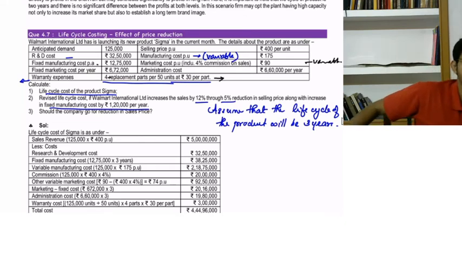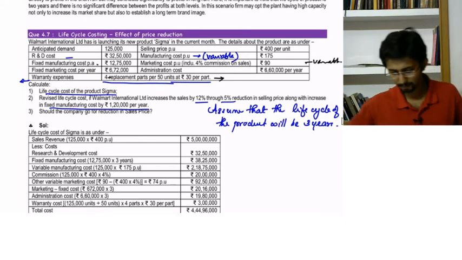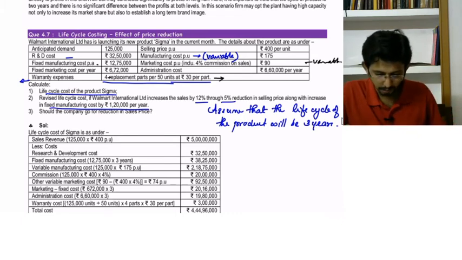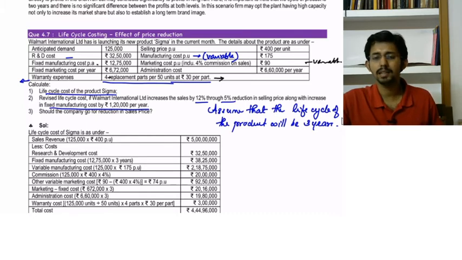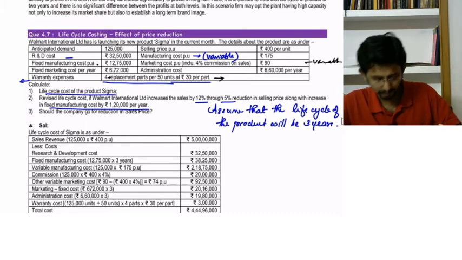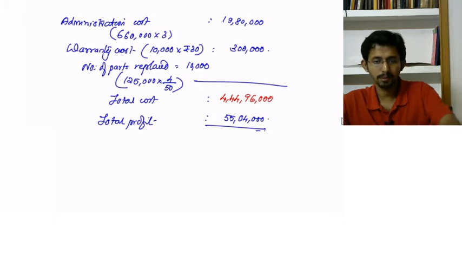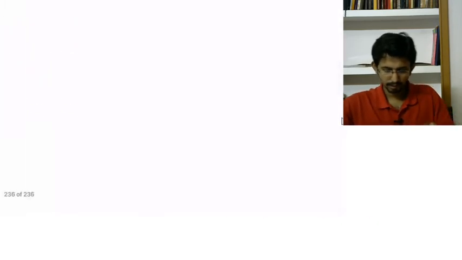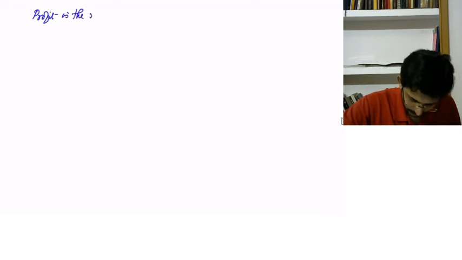So they are thinking of making some changes to the cost structure, reducing the selling price by 5% so that the selling volume will increase by 12%. What would be the impact? That is what you have to compute. Okay, so the profits in the revised scenario.